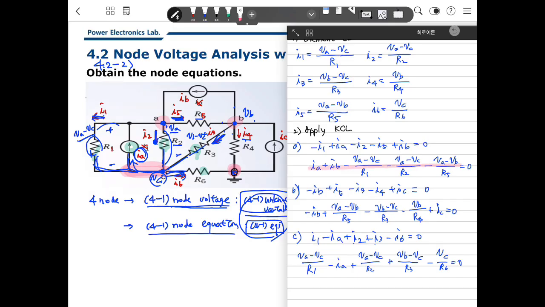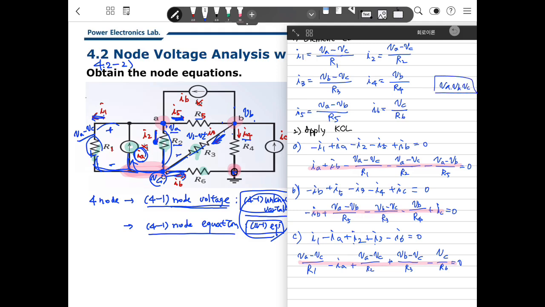So there are 3 node voltage equations, and we have 3 unknown values. What is that? VA, VB, and VC.